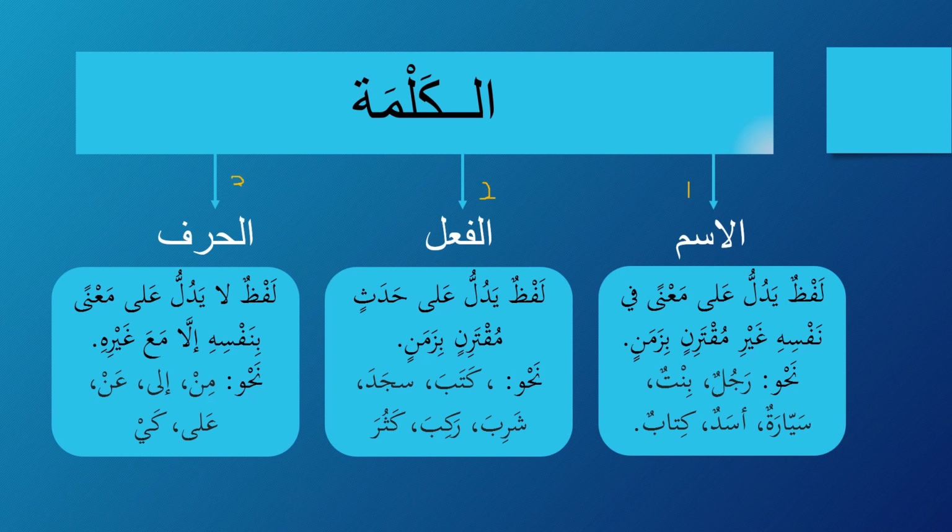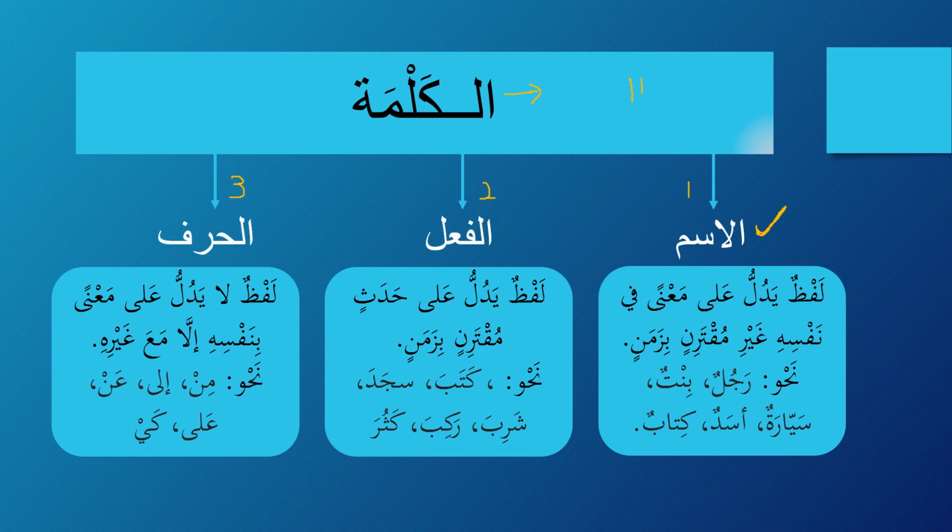Is al-harf. So what do we mean by ismu? When we say ismu now, in the case of ismu, what do we mean by ismu? Lafzun, is what? Is a word. You can see this kelma can be used in place of lafz. They are synonyms.